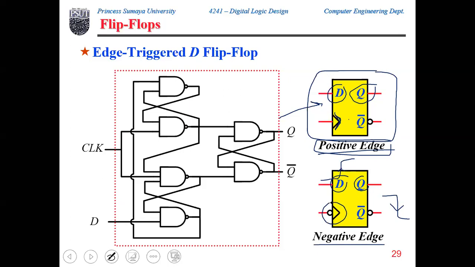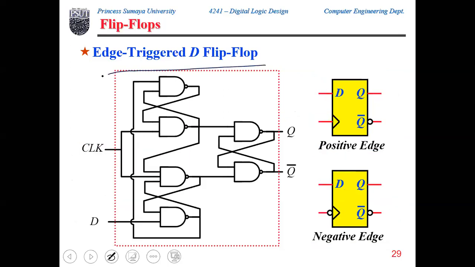As we said earlier, for the clocked latches, we may have positive pulse triggered or negative pulse triggered if there is a bubble at the clock input. So whenever we see an input with a triangle, this implies that this is a flip-flop. If the triangle is with a bubble, then it is a negative edge triggered flip-flop, whether it is a D flip-flop or other types of flip-flops that we will see shortly.